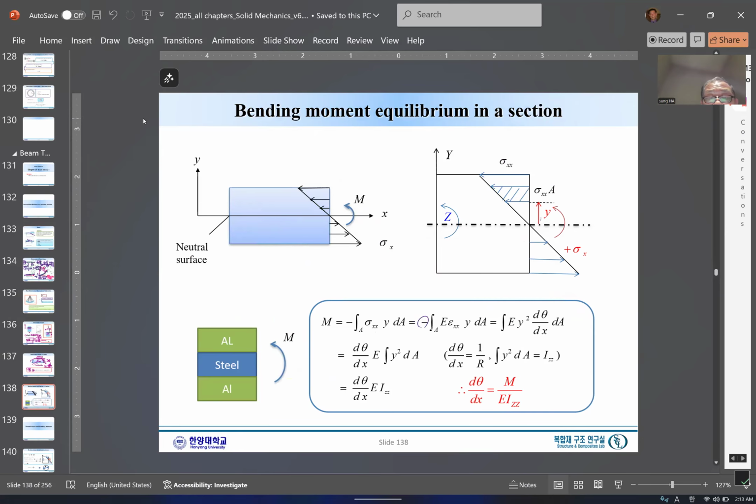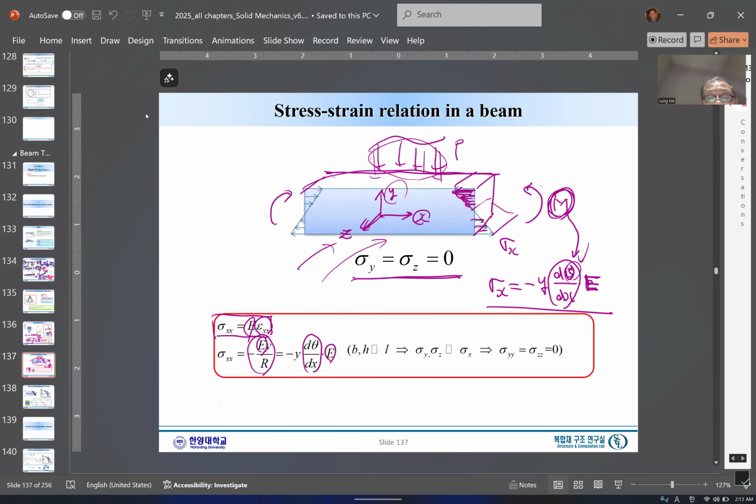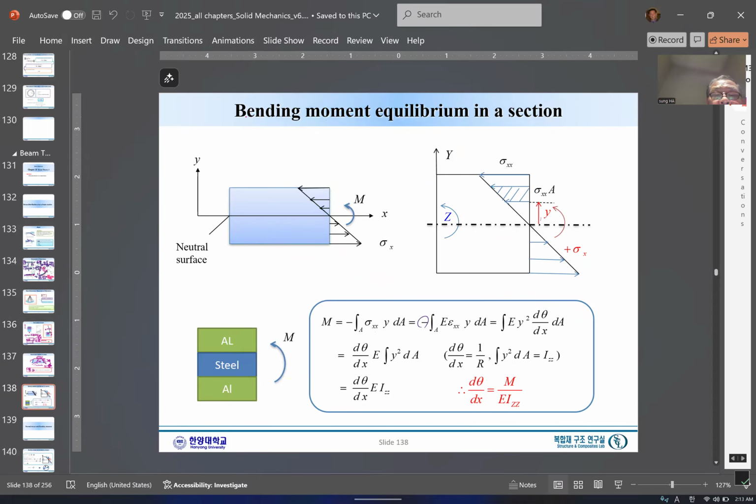Okay, so as we just mentioned, there is the moment and there is an unknown theta, and there will be relations. This is the equilibrium. Equilibrium means that, okay, this is the stress, which varies linearly through the thickness, and is caused by the moment.